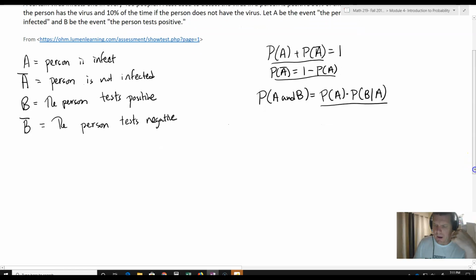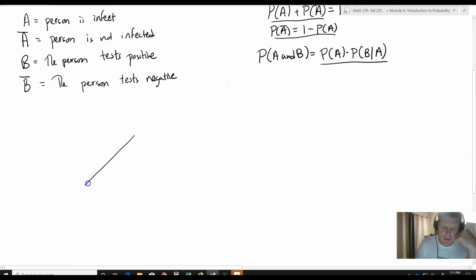Now, when I construct a tree diagram, I'm going to have a set of branches. Each set of branches represents an event. For example, a person being infected or not infected, I have A here and A complement. That represents a set of branches.